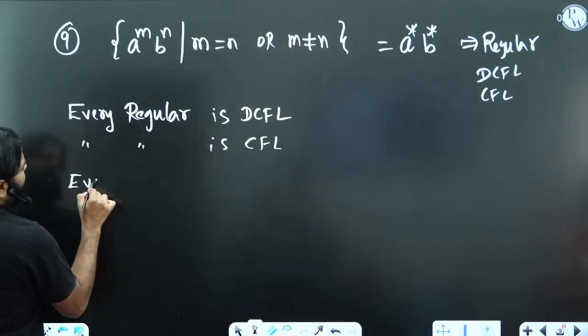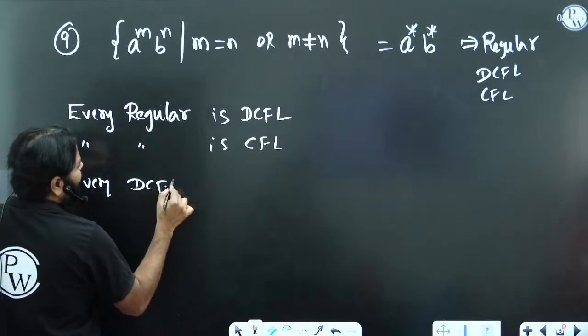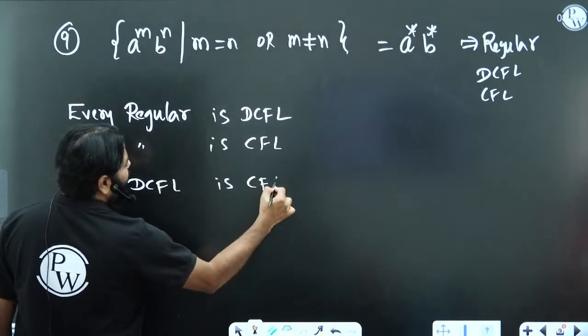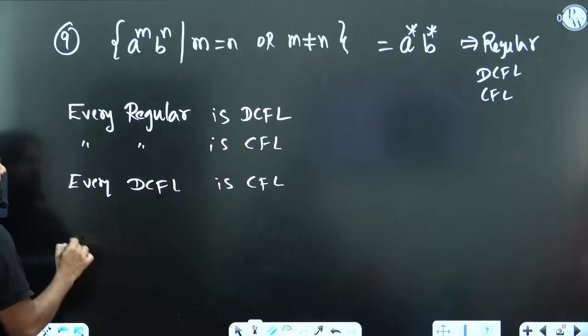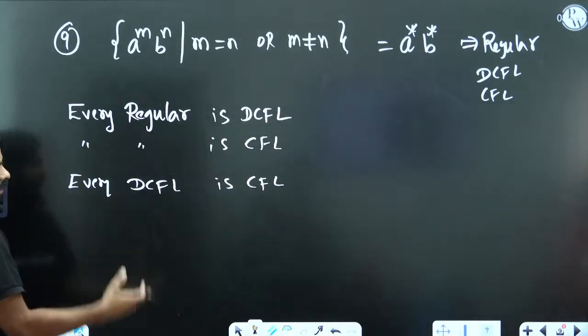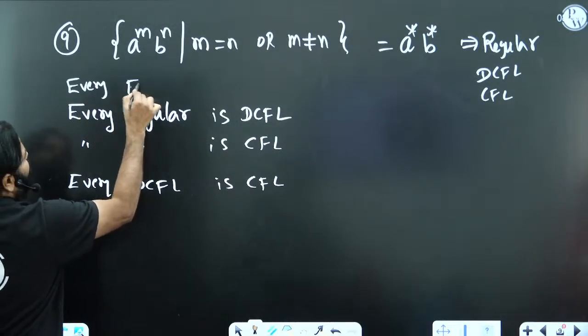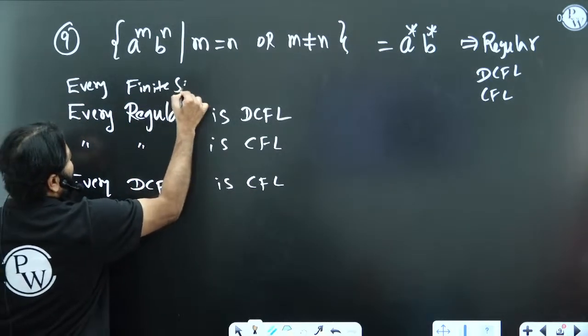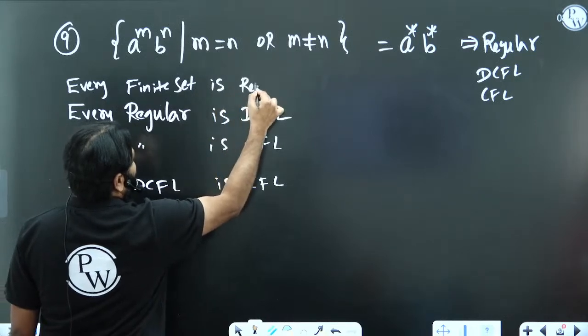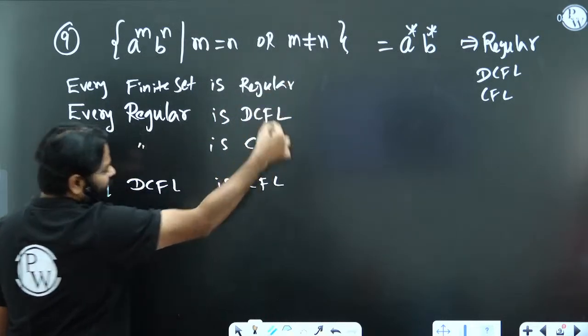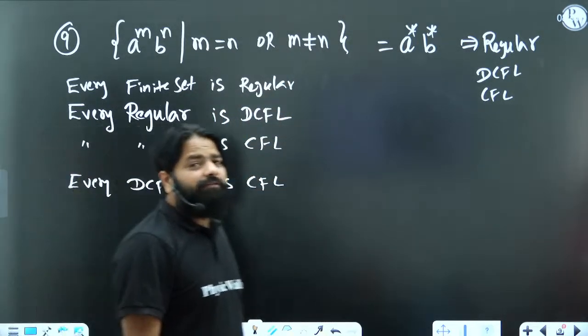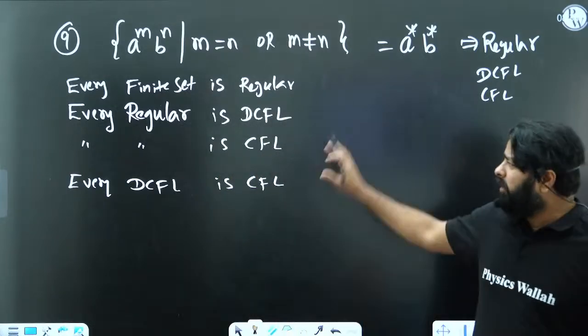Every DCFL is CFL. You cannot say regular; DCFL may or may not be regular. Every finite set is regular. Every finite language over sigma is also DCFL. So these points you cannot ignore.